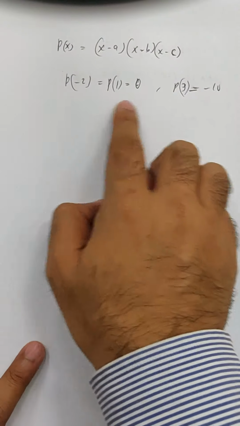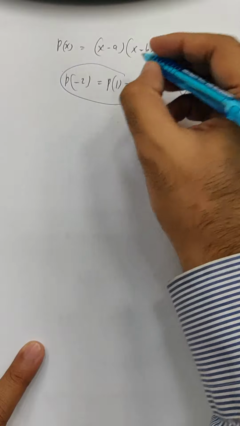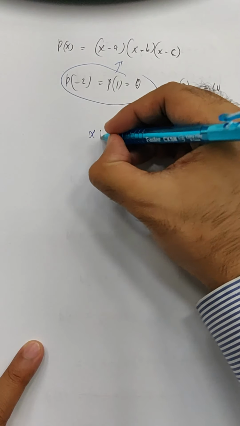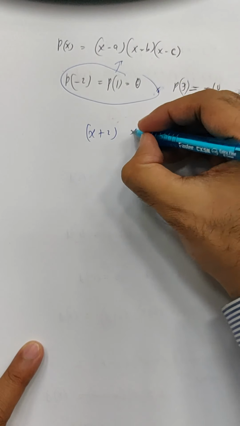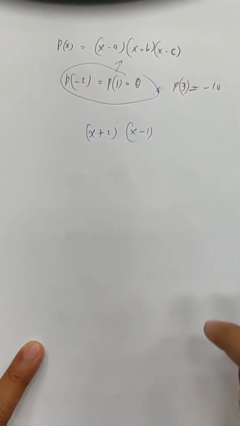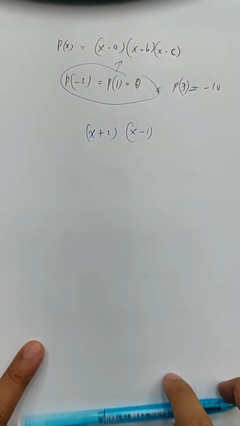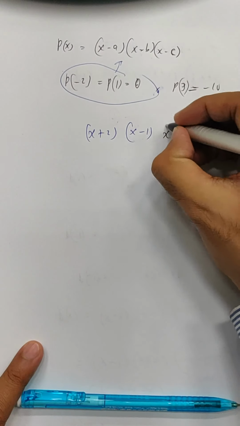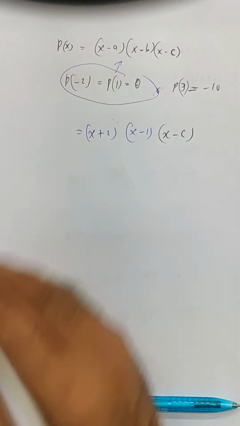If we substitute our factors into the equation, we get x plus 2, x minus 1 as our first a and b. But the other side is x minus c, not ax plus b.